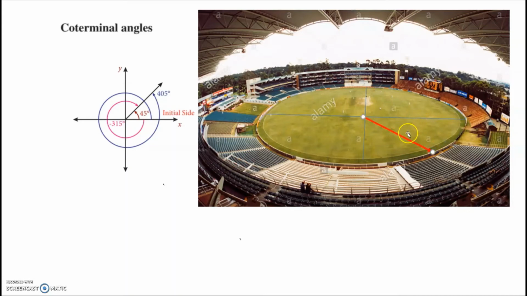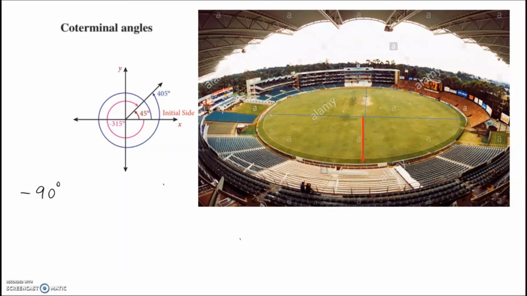The angle is always measured in the anti-clockwise direction, and a clockwise run would be measured with a negative angle. So if you run and cover a distance like 90 degrees from here, but on the negative side, this angle will be called minus 90 degrees.